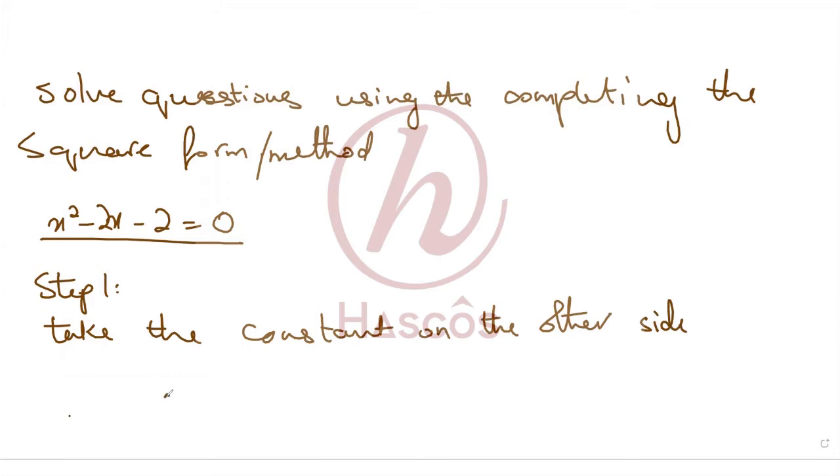So we have x squared minus 2x minus 2 equals 0. Minus 2 is our constant. We take it on the other side. Hence we have x squared minus 2x equals 2.